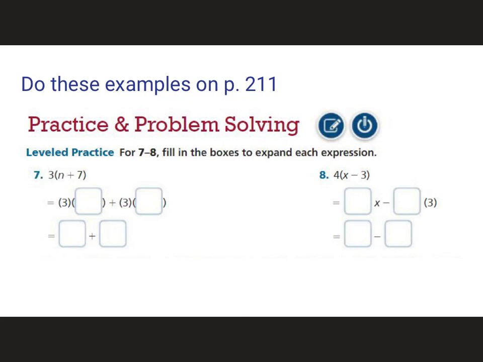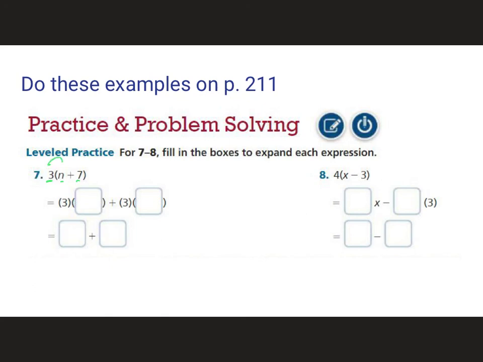So the last thing we're going to do is look at these two practice problems on page 211. It has the boxes here, so sometimes that can be confusing, so I wanted to show that one with you. But these boxes are actually pretty good. To expand, I'm going to multiply the number or variable on the outside of the parentheses by each term inside the parentheses.